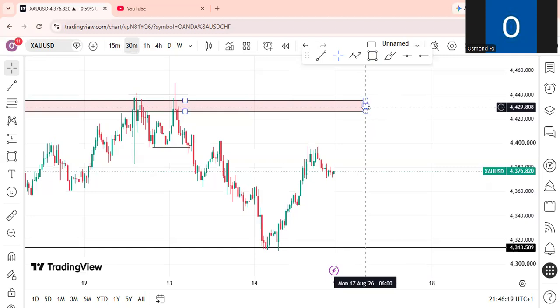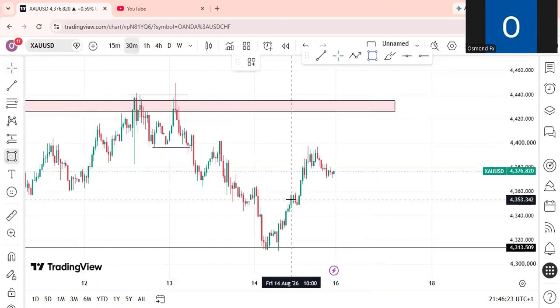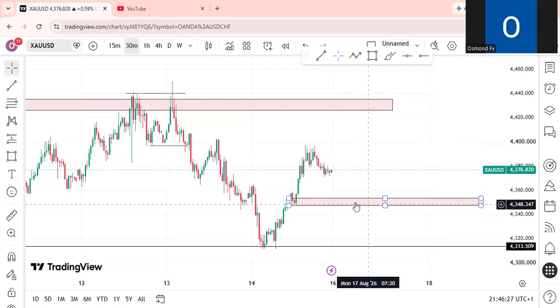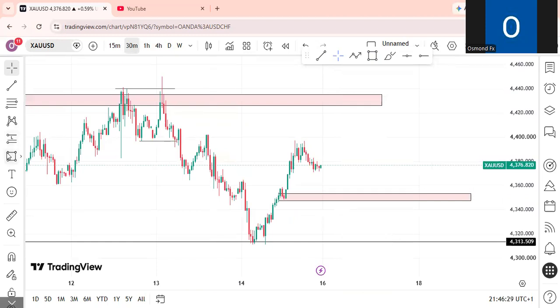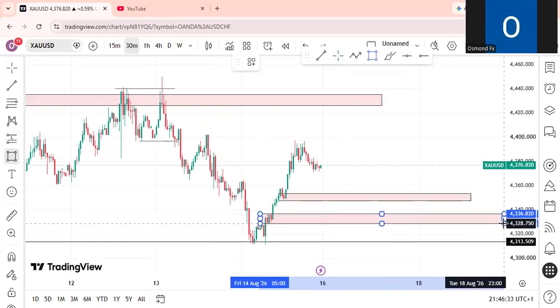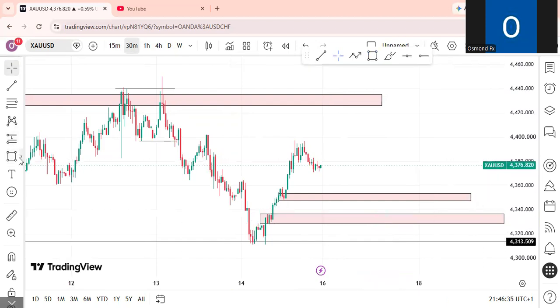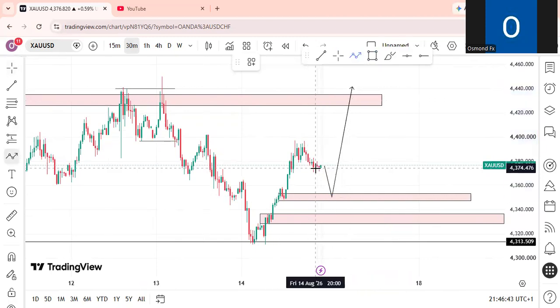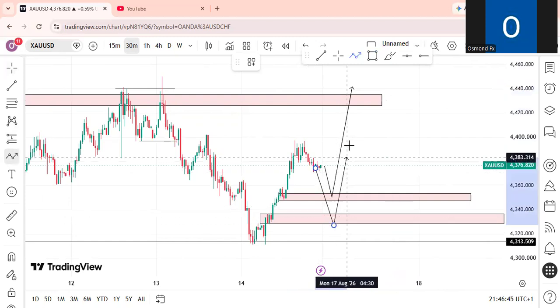For next week, I'll be expecting this to be my area of interest, or around this area. Exactly. So I expect the market to drop to here and buy to the upside, or for the market to drop to this area and start buying to the upside.